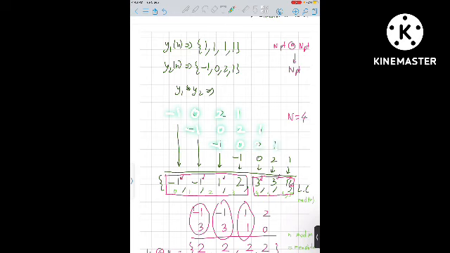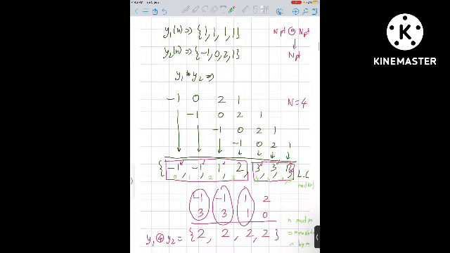Okay, so I get a minus 1, I get a minus 1. Here 2, 0, 1, they add up to get a 1. 1, 2, minus 1, that's a 2. Okay, so they are all matching up. Irrespective of however you do, the answers must be the same. 2 plus 1, 3, 2 plus 1, 3, and here you get 1. Okay, so this is the sequence which we get in the normal linear convolution.